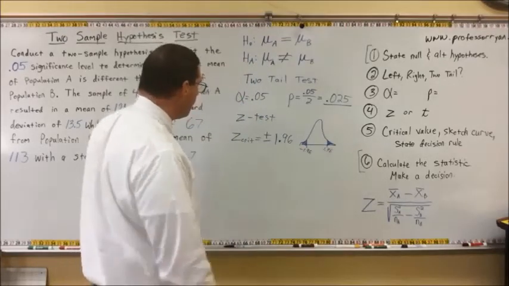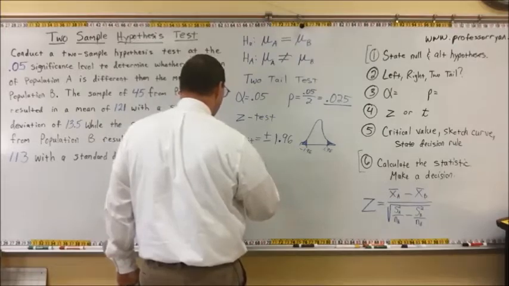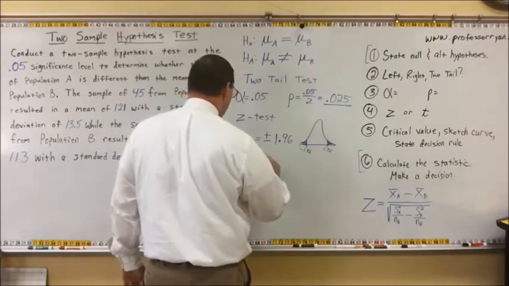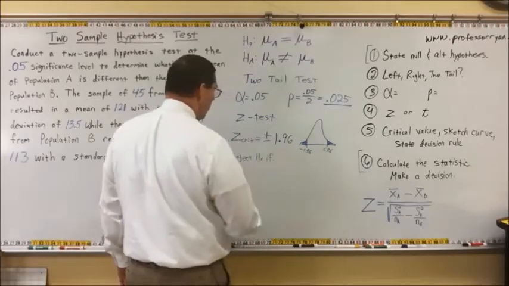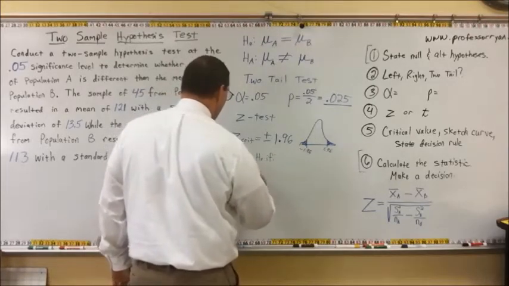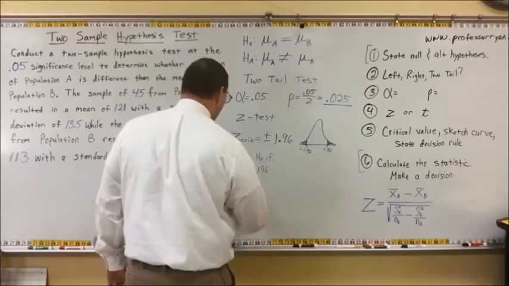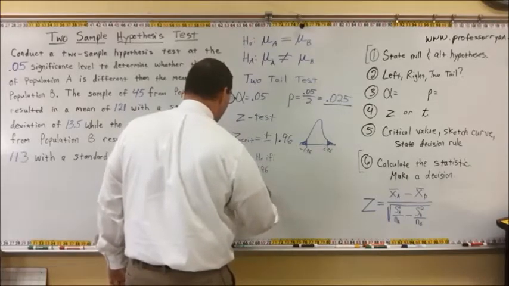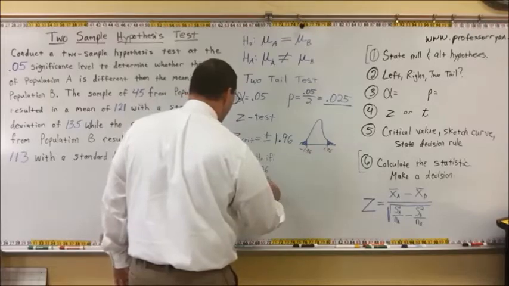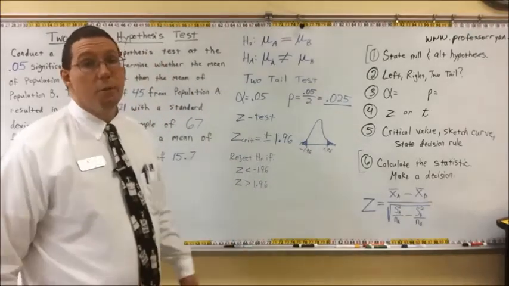Okay? And then our decision rule is reject H sub O if, well, there's two possibilities. If our z statistic is less than negative 1.96, or if our z statistic is larger than positive 1.96, we will reject H sub O, just like we've always done.